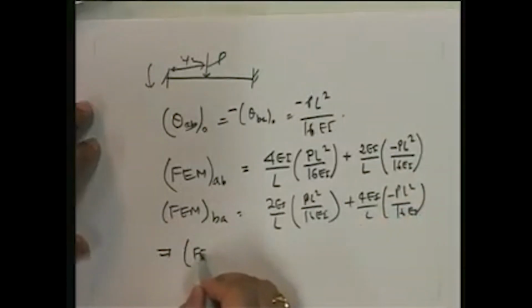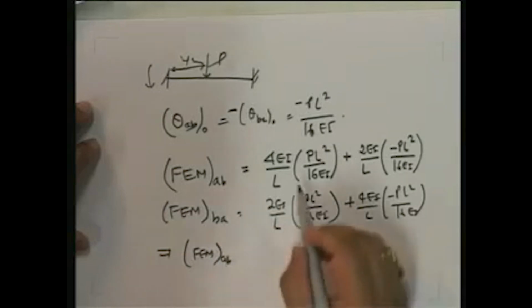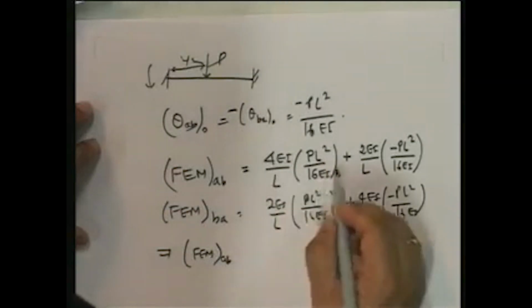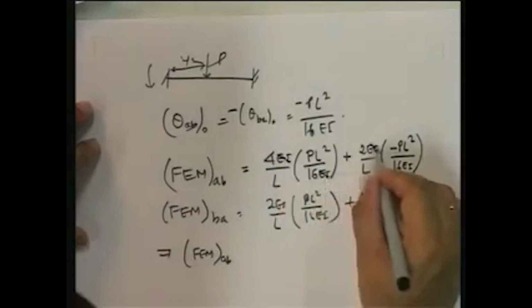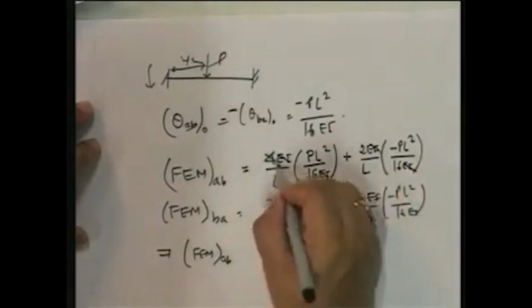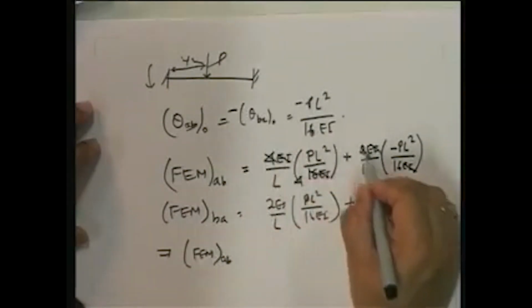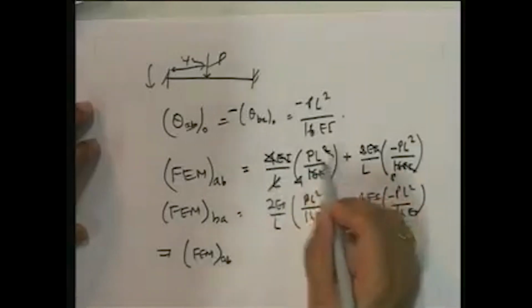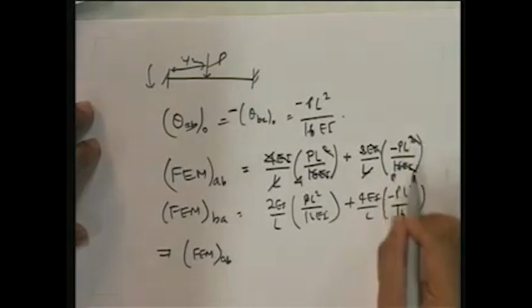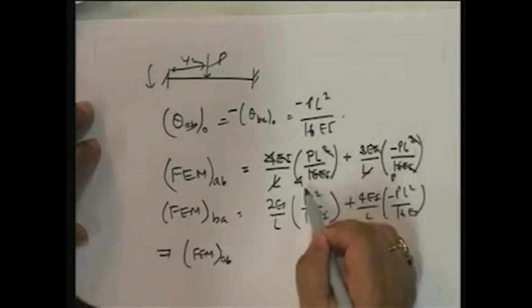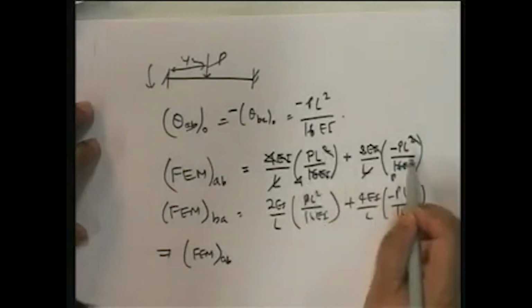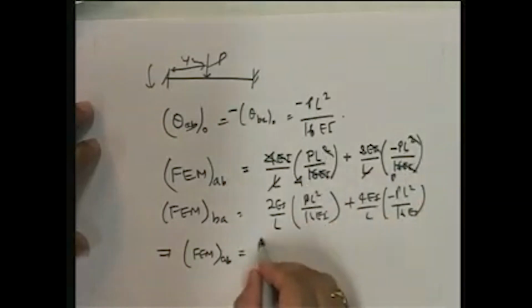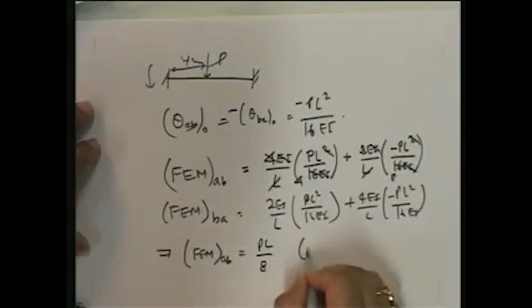and if you do this, you will get this 4 EI cancels, EI cancels, EI cancels, 4 goes into this 4 times, this goes into it 8 times. So if you look at this, L takes away this square, this L takes away this. So you have PL upon 4 minus PL upon 8, which is equal to PL upon 8.